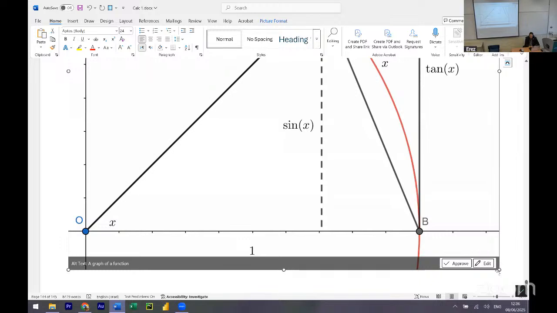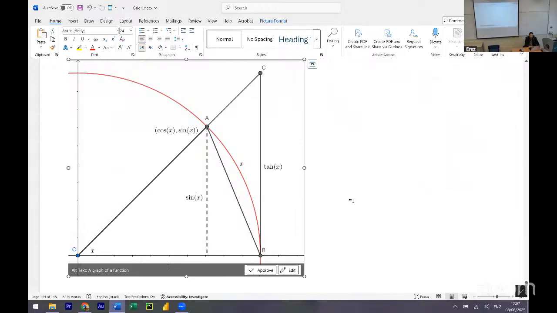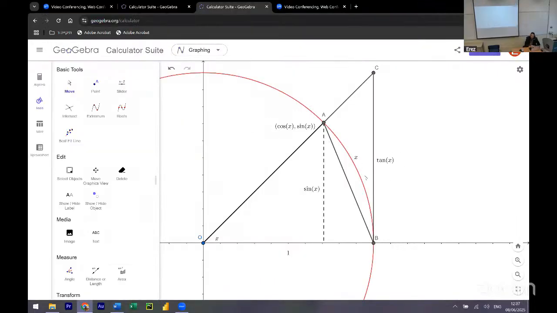So by definition, we said that if the angle is x, the length of the arc AB in the unit circle is x. The point here is cosine of x, sine of x. And we take this perpendicular line here, whose length is sine of x. The length of the edge OB is 1.